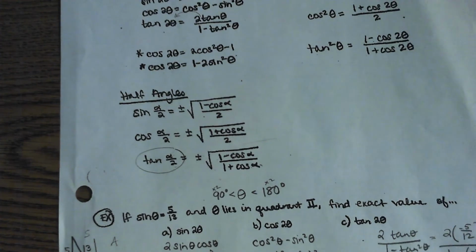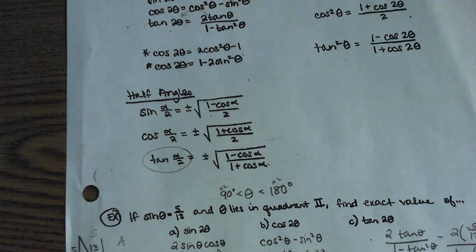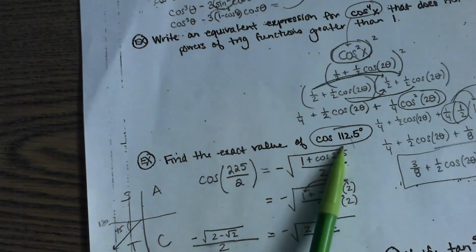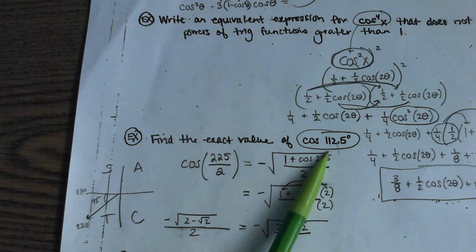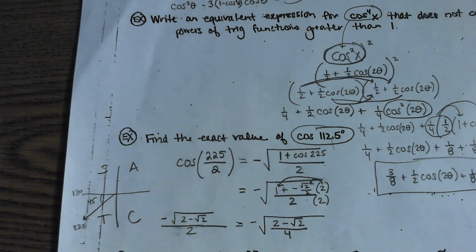Half angle. The more I reflect on this, I feel like we don't really use the double angle ones much to evaluate cosines of angles. We use the half angles much. We don't use the double angles much for that.